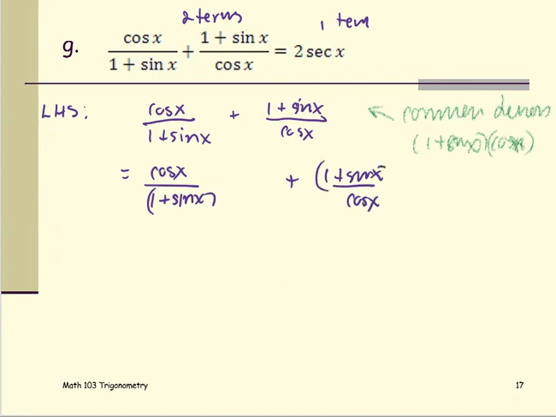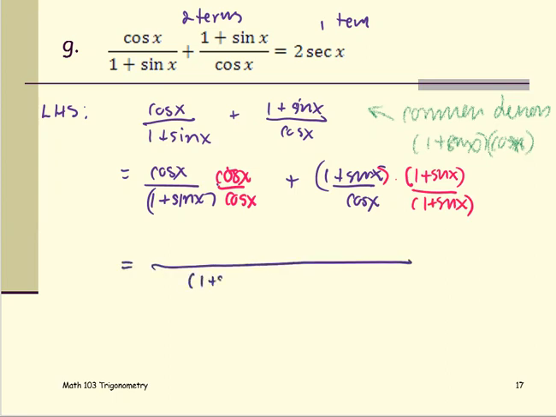We're going to multiply the first one, top and bottom, by the term cosine x over cosine x, and the second term by the expression 1 plus sine x over 1 plus sine x. Now both of them have the same denominator, which is the product of 1 plus sine x and cosine x.